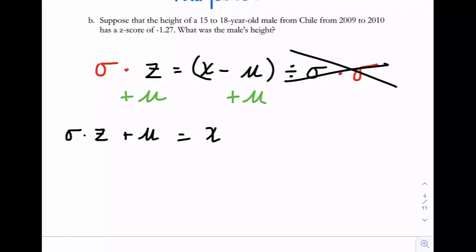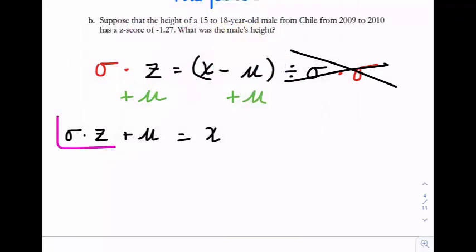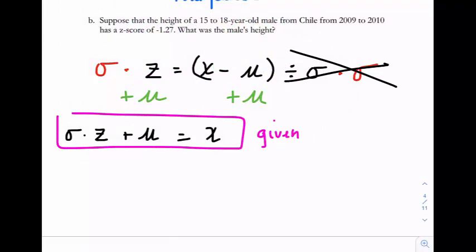So there's a formula we use to make a z-score conversion, and in this case we want to use this one because we're given the value z. So we're given z, solve for x.